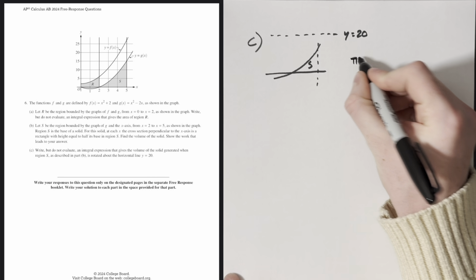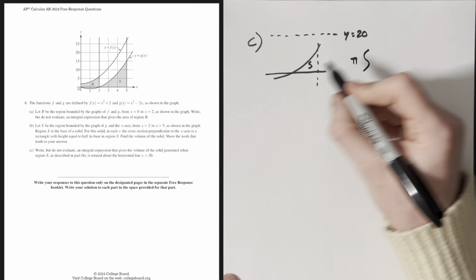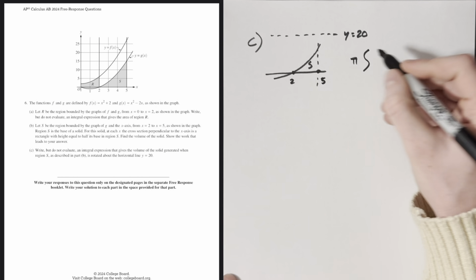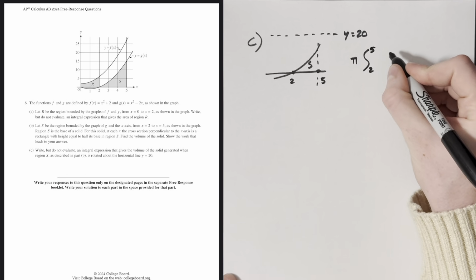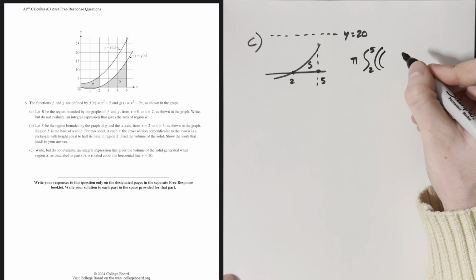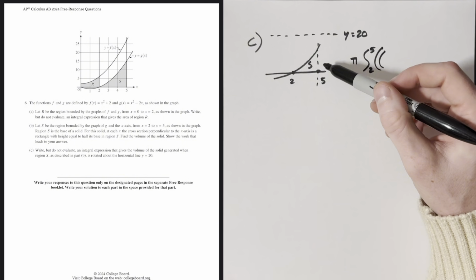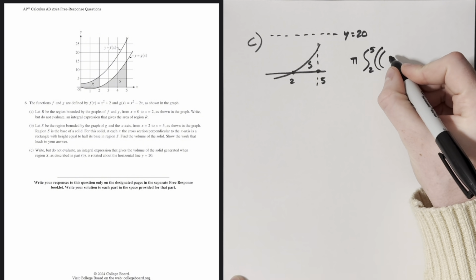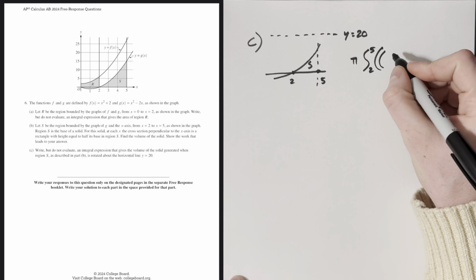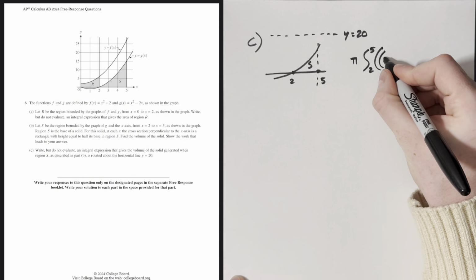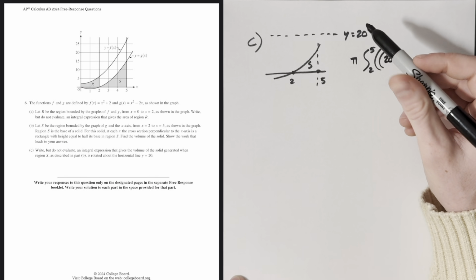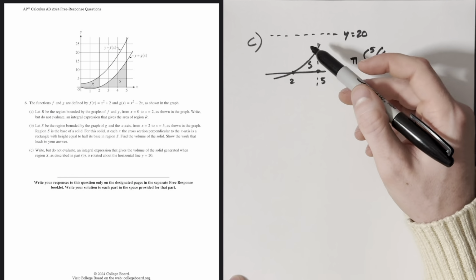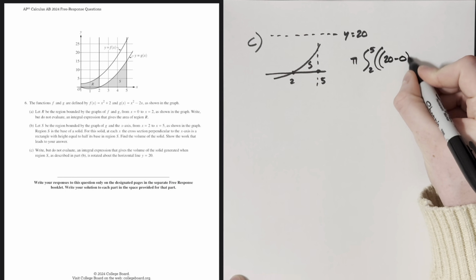Now for Washer method, we have a really, really simple formula that we learned, works every single time without fail. It is pi times the integral over our bounds in terms of x, right? Which in this case are from 2 to 5. And it is our outer radius which in this case is 20, right? Because we're going from 0 to 20. But it's our outer radius minus the value of the function, which in this case is just 0, right?